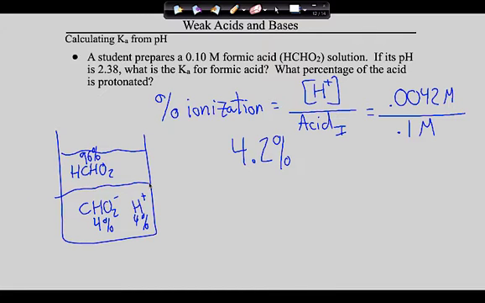Oh, I see what you're saying, if we up this by a power of 10, and if we said Ka was 10 to the negative third, then what would be the percent protonation? We're actually going to calculate it in just a second. But no, it wouldn't be 40%. You wouldn't multiply this by 10 because the pH would change, so it's not a direct conversion, but your thinking's not incorrect. It's just not quite proportional.